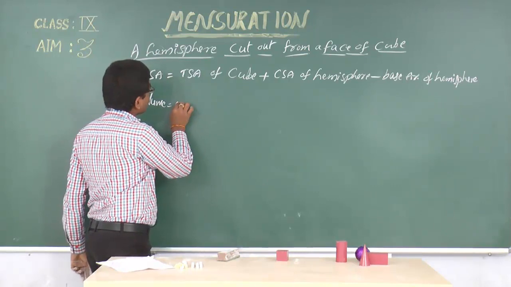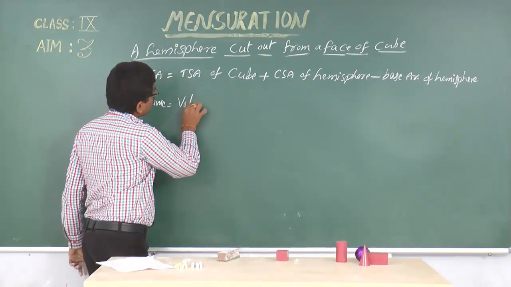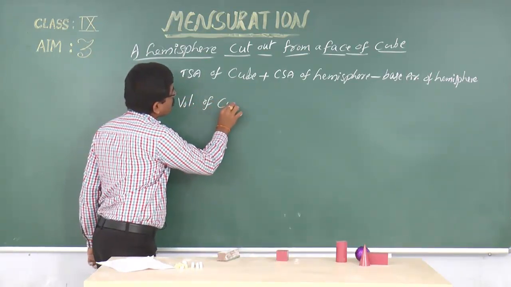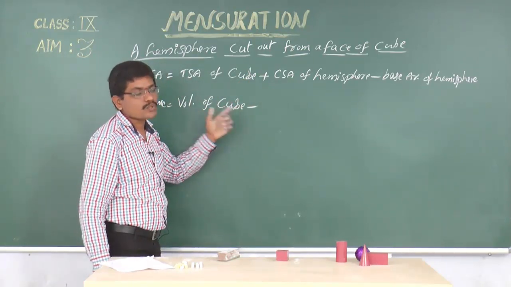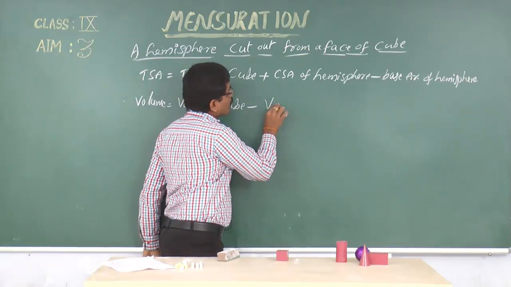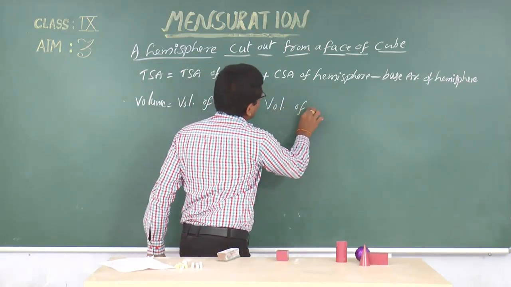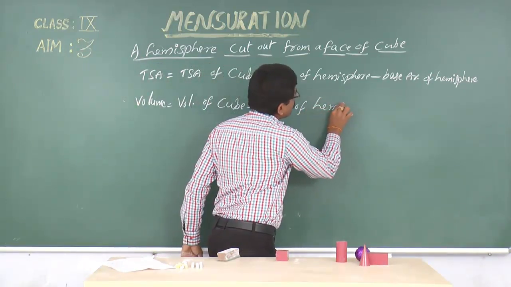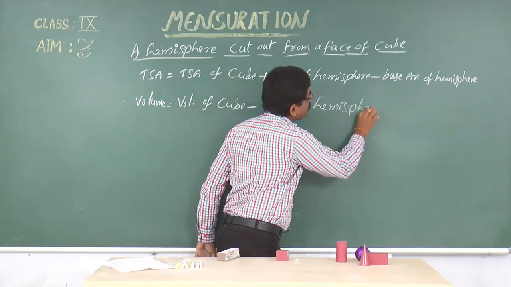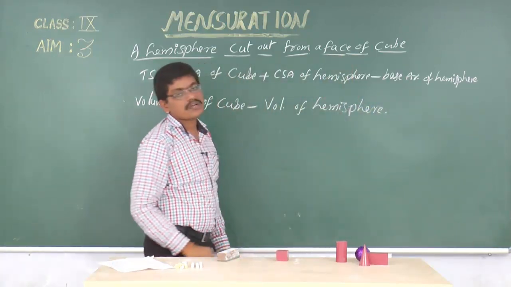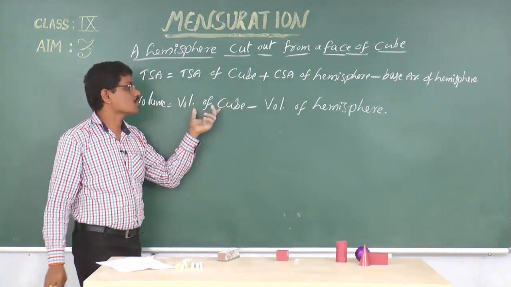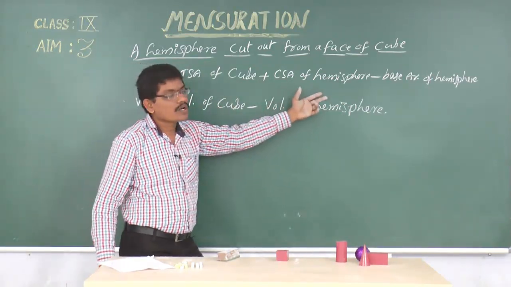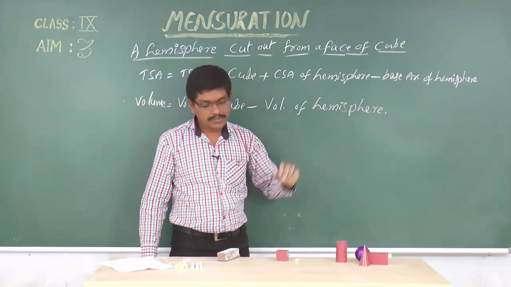So volume is equal to volume of cube minus volume of hemisphere. So this is the volume of the newly formed solid.